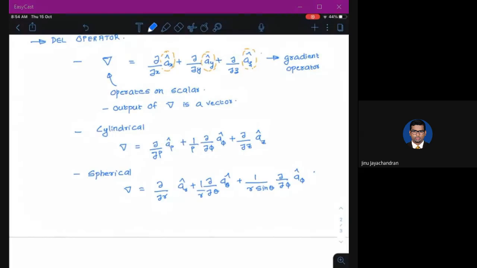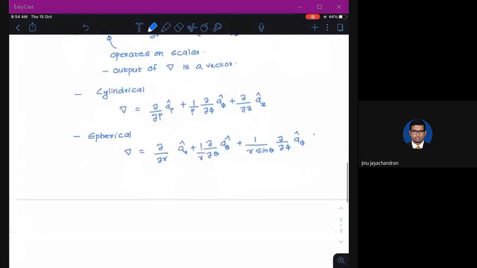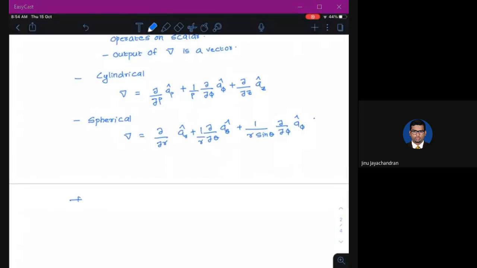Okay. And del operates on a scalar. So we say the gradient of a scalar v is written as del v.